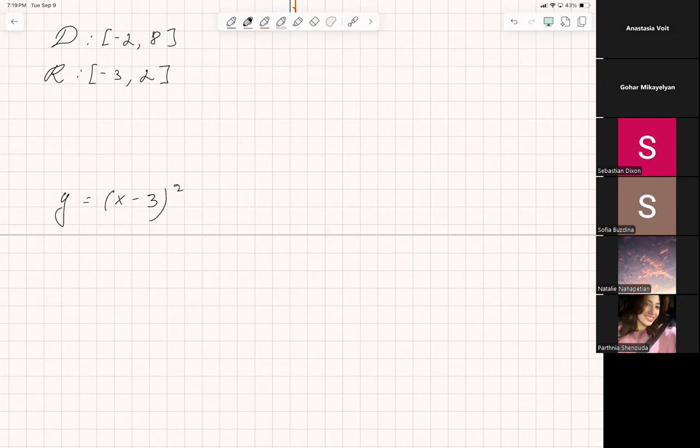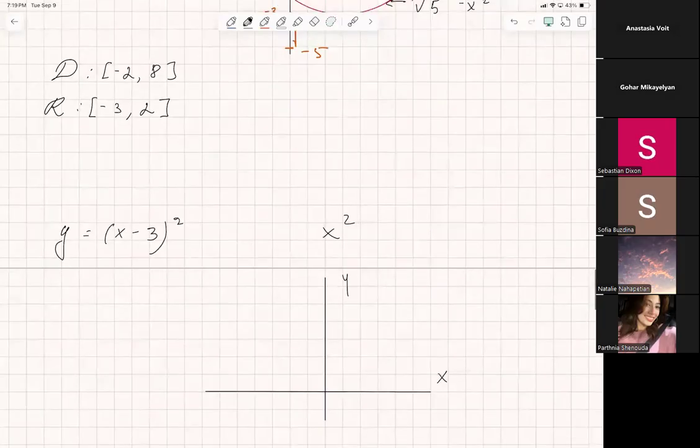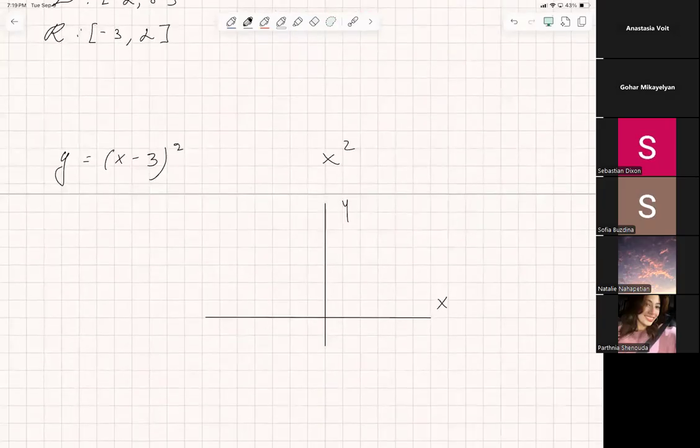Okay. So again, we start with the regular parabola, right? So x squared. And as you can see, we can just move it. This one is not that bad. It's pretty easy, right? So it's x and y. So we start with the regular parabola, which is 1, 1, negative 1. So here, 2 and 4, 3, 4, 4 right here.